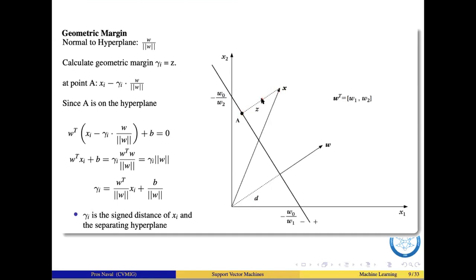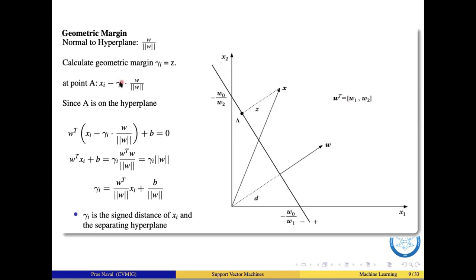This vector here is gamma I or z, right, times the vector, because this is just a value here. It has to have a direction, and the direction is this, and it's negative because we are subtracting. It's a vector going that way.